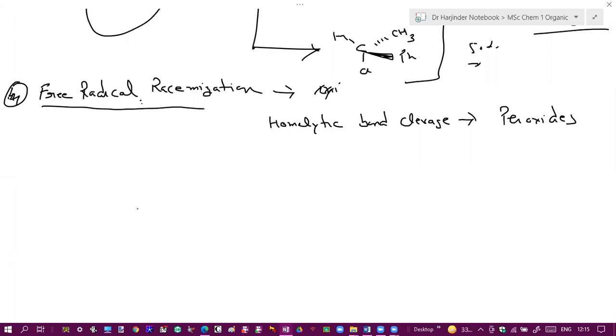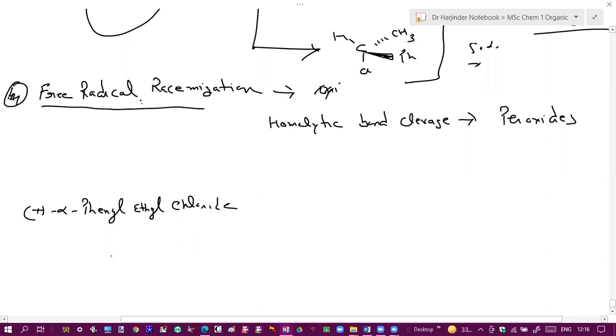And I will take the same example that we have already discussed. So when you have this molecule, suppose you treat it with peroxide, say benzoyl peroxide.